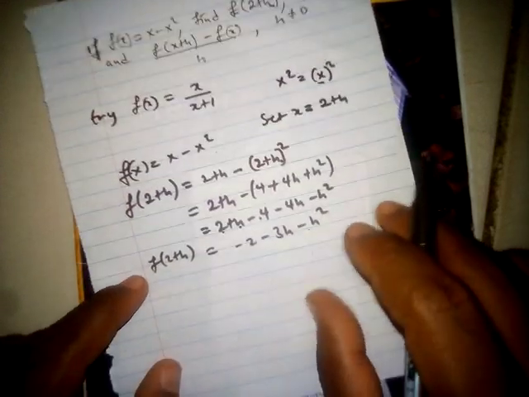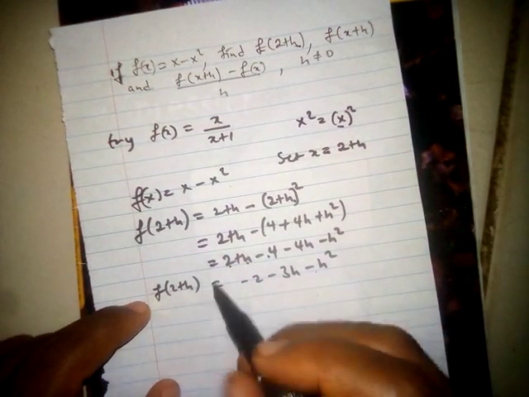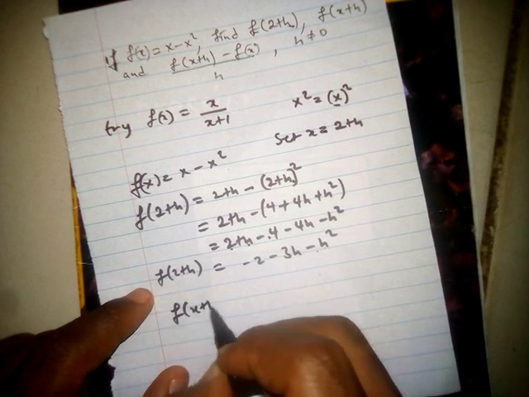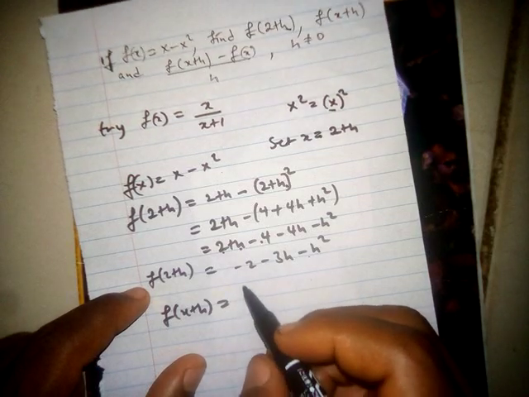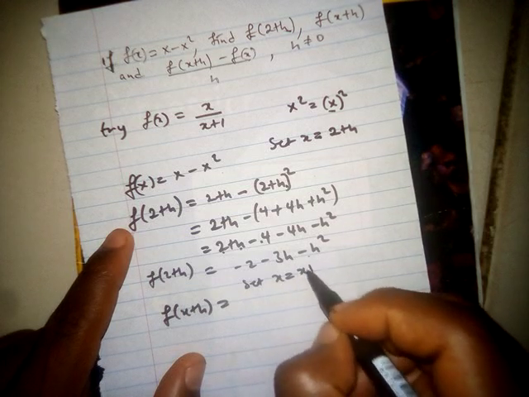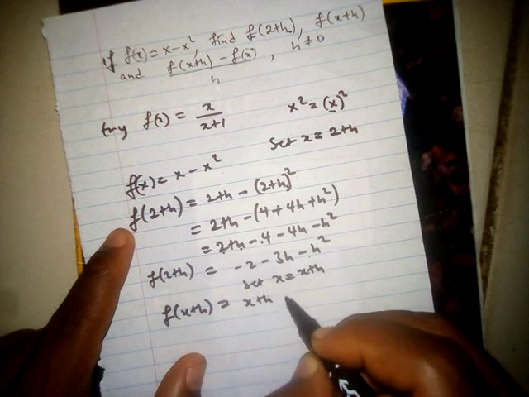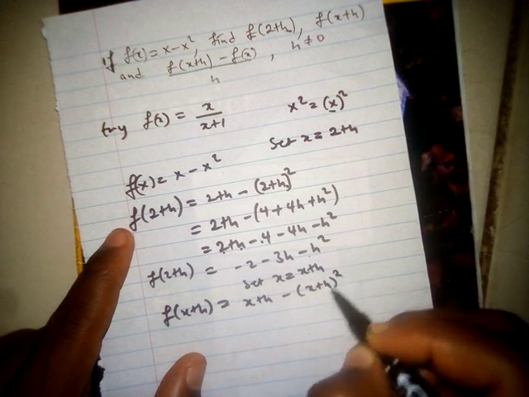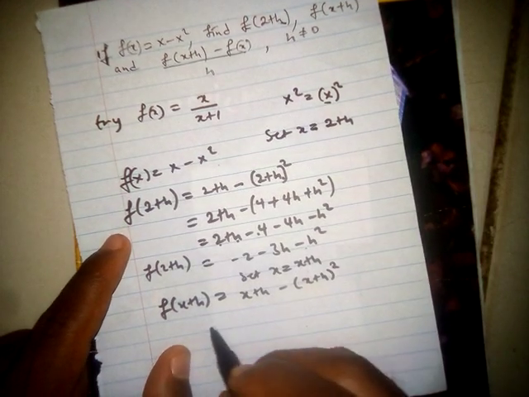Now the next one is to find f of x plus h. So remember, my f of x plus h simply means anywhere I see x, I put x plus h. So set x equal to x plus h. This gives us x plus h minus, bracket x plus h, all squared. So what we are going to do now is simplify.